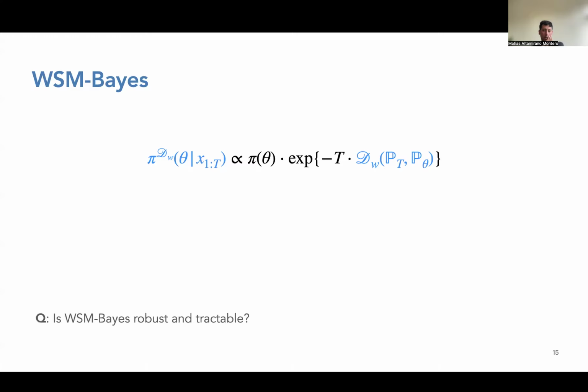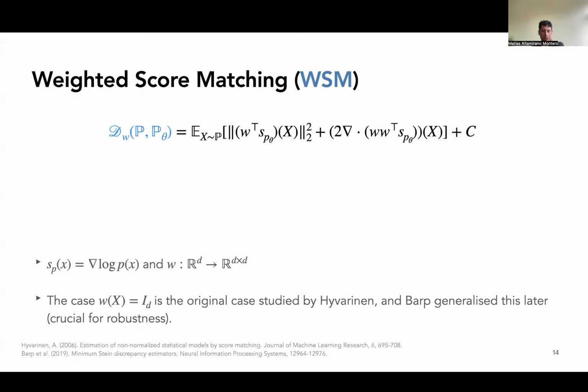But it does affect the computation because you have to compute this term. We usually assume diagonal weights, which leads to a super simple way to compute this term. But the cost increases quadratically in the dimension of theta, so it's not linear, and that is kind of problematic.